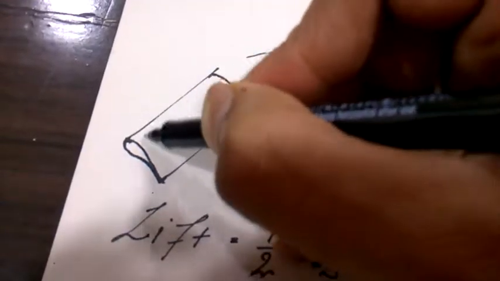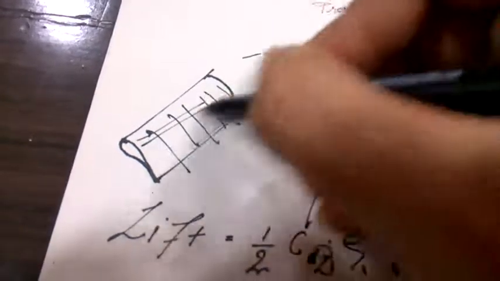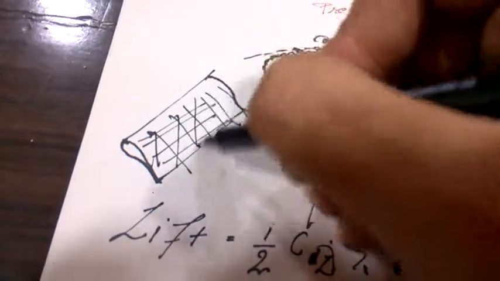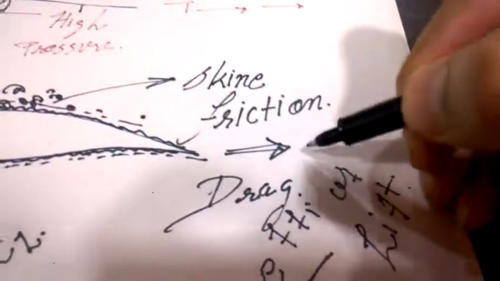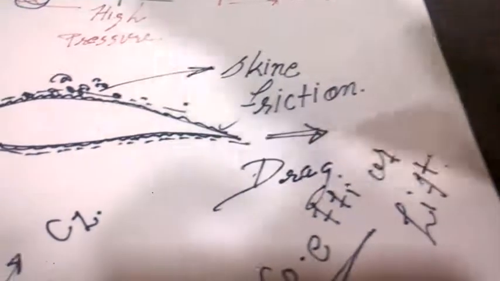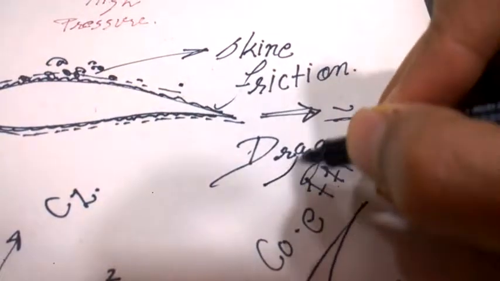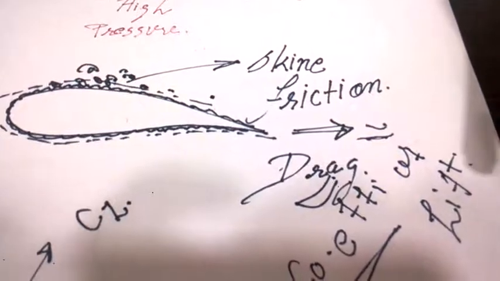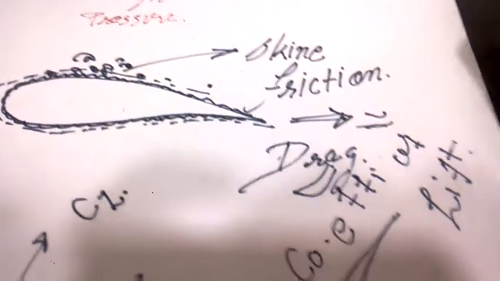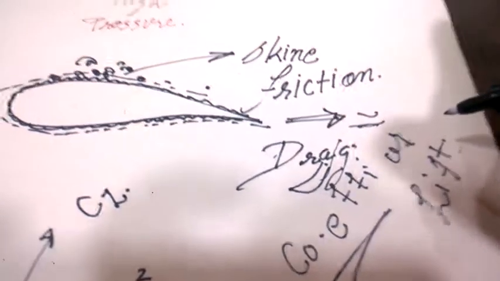right? So here is an area. This whole area creates skin friction, and due to this friction, the force acting in this backward direction is known as drag. It is simply air friction, but cumulatively we are giving it a new name, that is drag force.